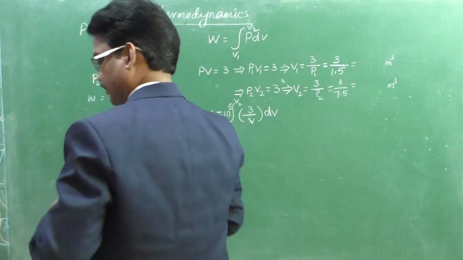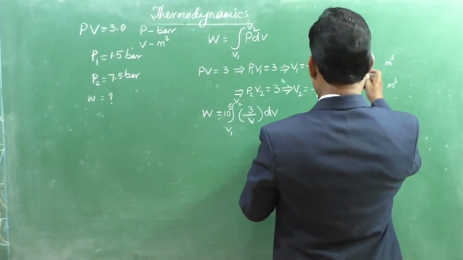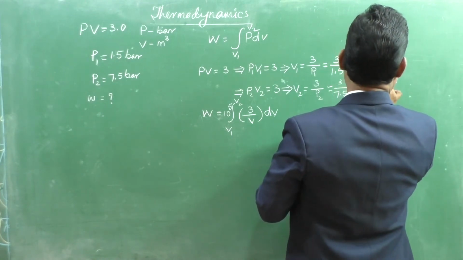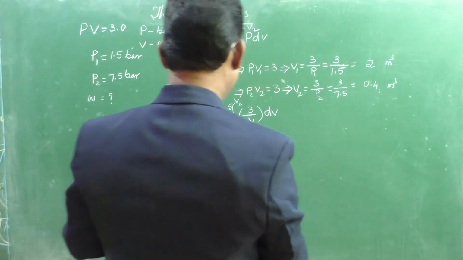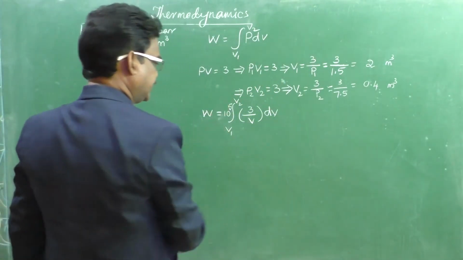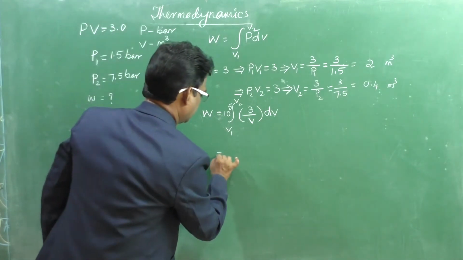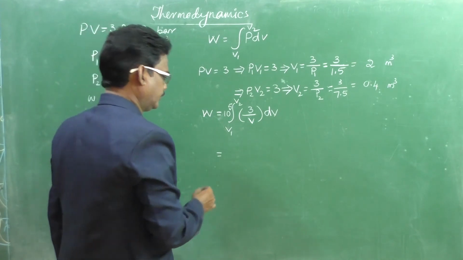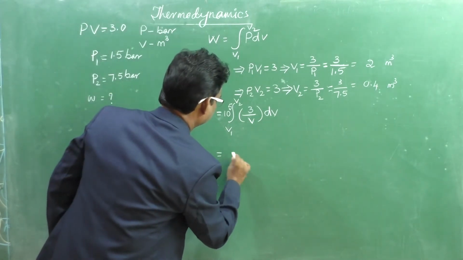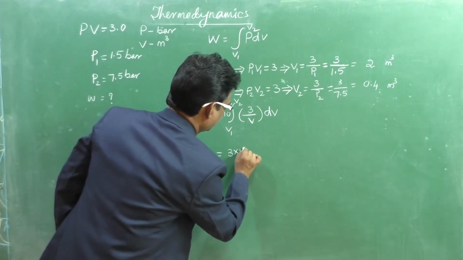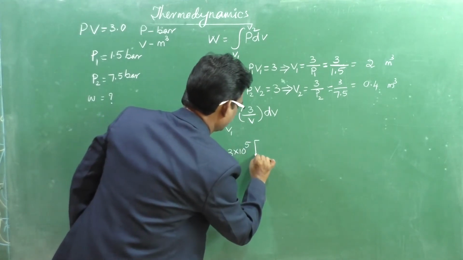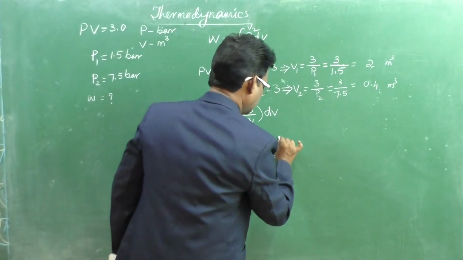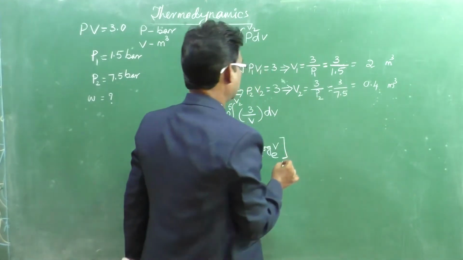Now 3 by 1.5 gives us 2 meter cube, and 3 by 7.5 is 0.4 meter cube. If you integrate 1 by V, it equals log V. Therefore, 3 into 10 to the power of 5 log V base e within the limits of V1 and V2.